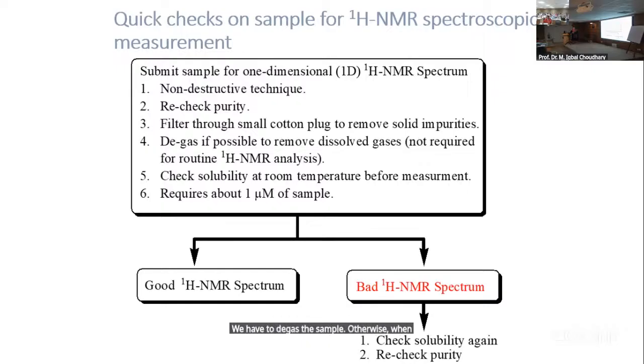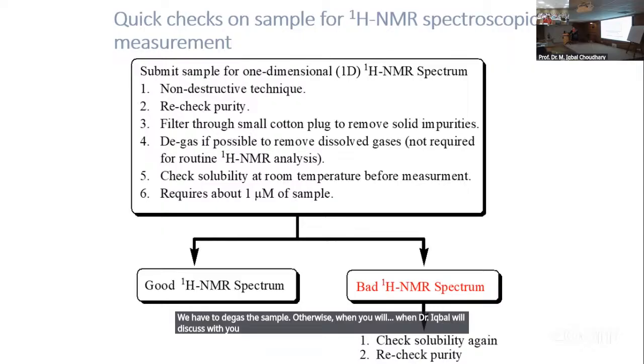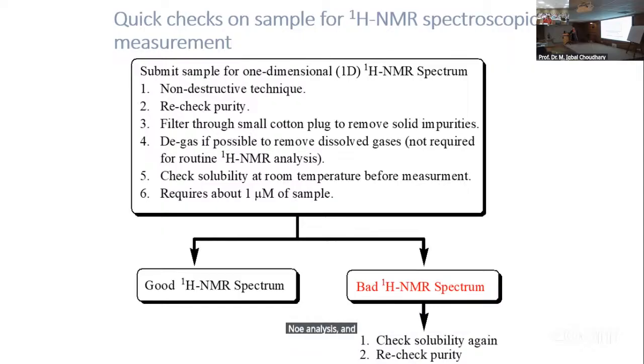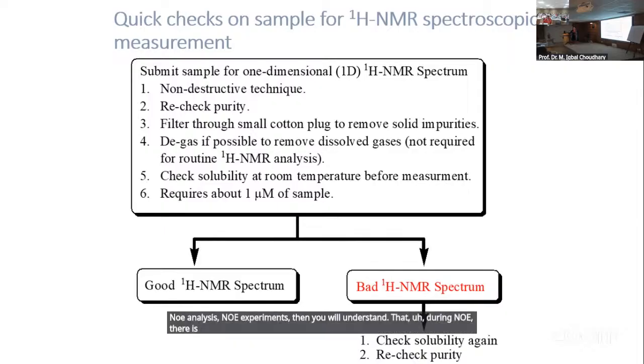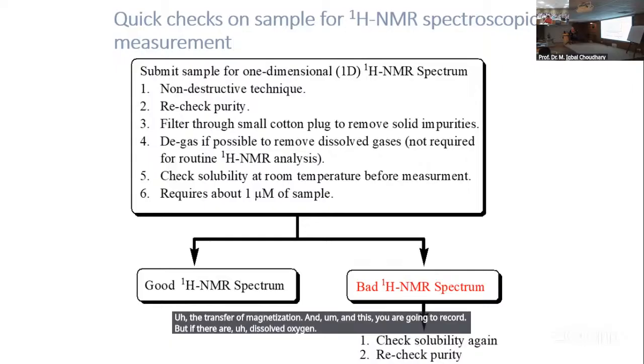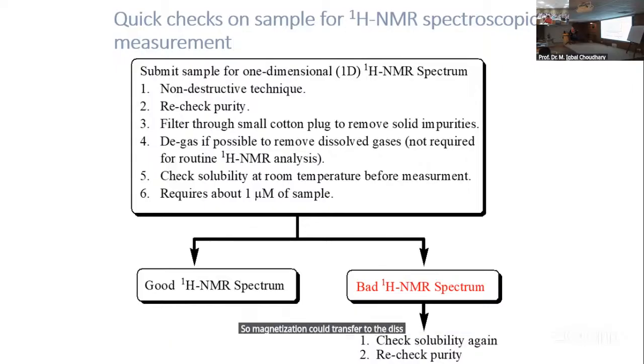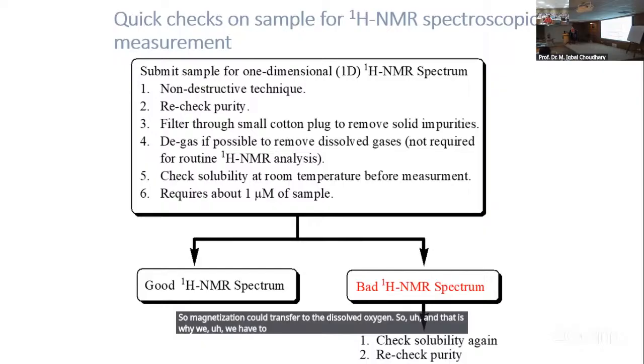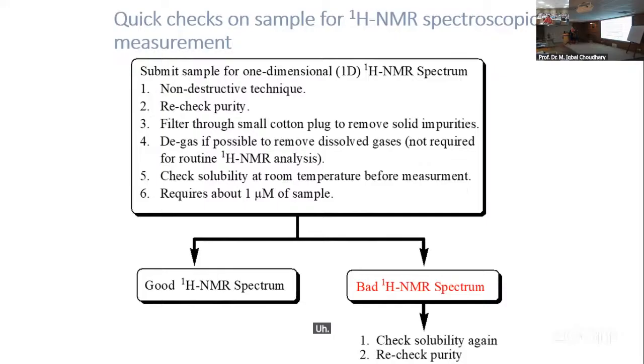When Dr. Iqbal discusses the NOE experiments with you, you will understand that during NOE there is a transfer of magnetization, and this you are going to record. But if there is dissolved oxygen, magnetization could transfer to the dissolved oxygen. That is why we have to degas it, because we do not want a spectrum which doesn't say what actually happened.